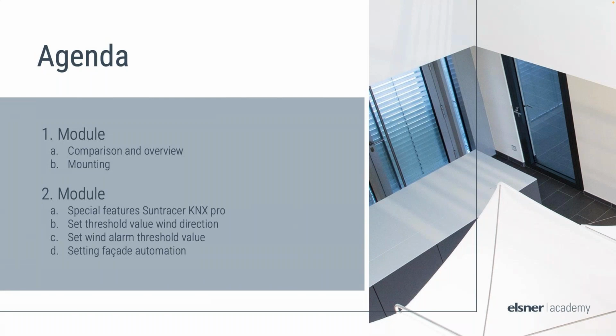First, we will have a look at the special features of the SunTracer KNX Pro. Next up, we will discuss the different thresholds that you can use for wind direction and the wind alarm. Next up, we will set up a facade automation. So after the first module, you will be able to select the appropriate weather station and to distinguish a good from a bad installation.